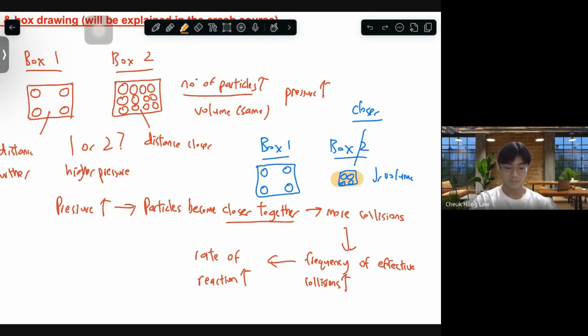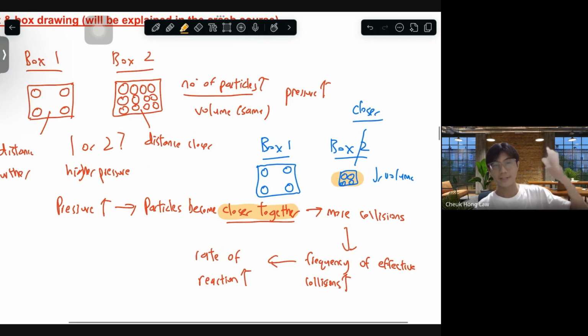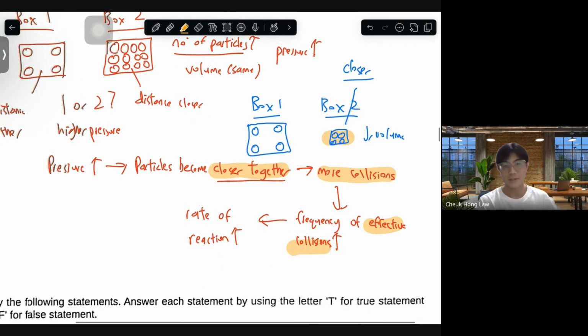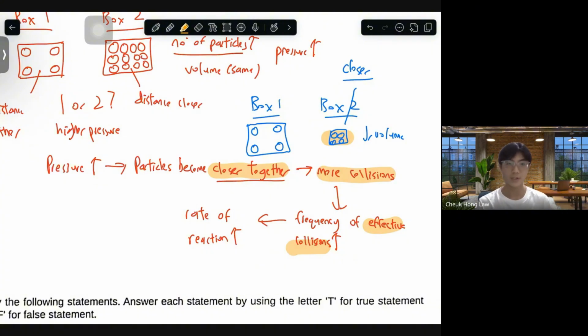So same thing, we will use particles come closer together. If the pressure increases, the particles come closer together, and then there will be higher chances of collisions. So more collisions means frequency of effective collisions will increase. Think about it. If you keep colliding, of course, there will be higher chances that you will have more effective collisions, and effective collisions is what causes a reaction to happen.